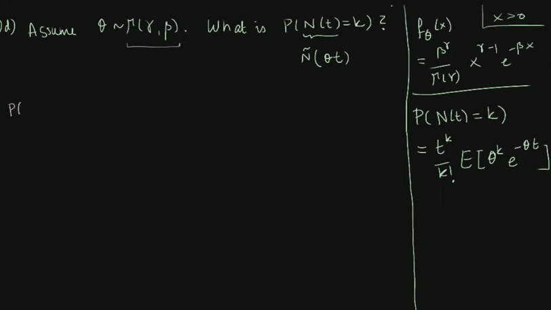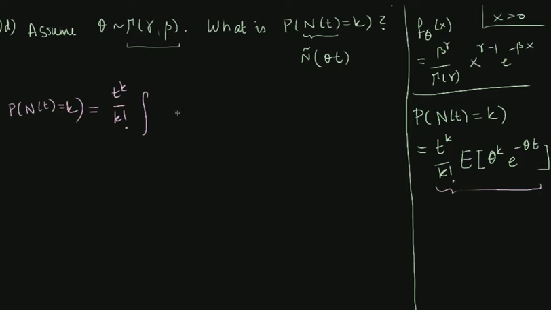I want the probability that N of t is equal to k. So I try to calculate this thing here. I have t to the k divided by k factorial. Nothing interesting so far. But then I want to calculate the mean value of something where the random variable in question has gamma distribution. Which variable should I use here?